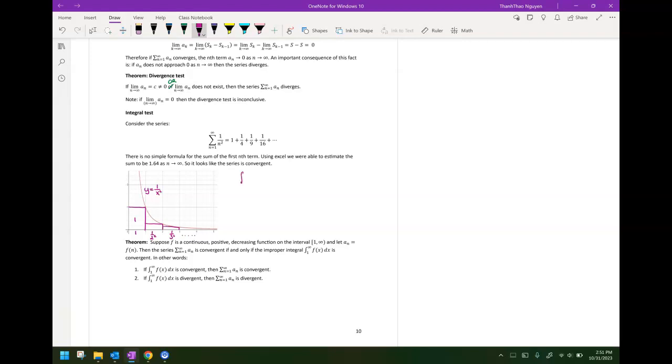So what I can do here is estimate this by calculating the integral. I can't take it from 0 to infinity of 1 over x squared dx, because at x equals 0 this function is not defined. But I do know that the first part of the area equals 1, so this is equal to 1 plus the integral from 1 to infinity of 1 over x squared dx.